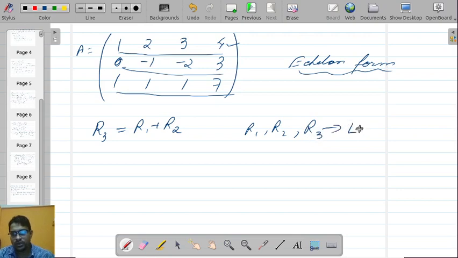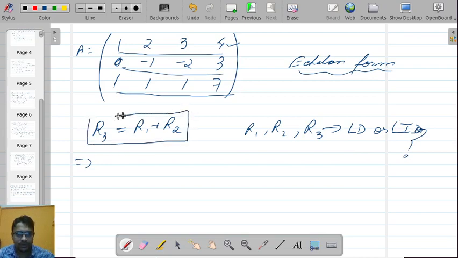Whenever three vectors, or any n vectors, satisfy a linear relation of this type, they are always linearly dependent. At least one scalar has to be non-zero. Here many of the scalars are non-zero. I can write this as 1 into R3 plus minus 1 into R1 plus minus 1 into R2.